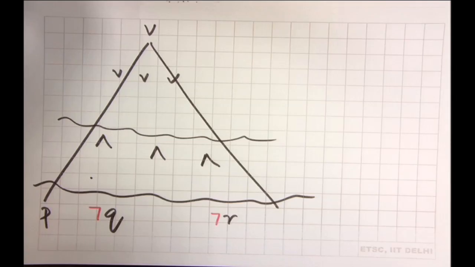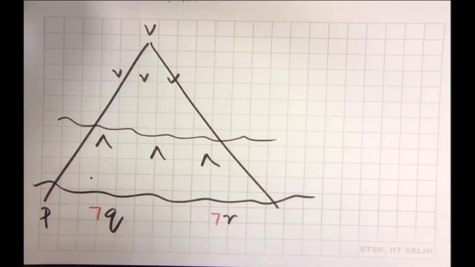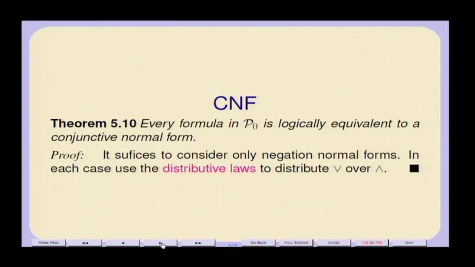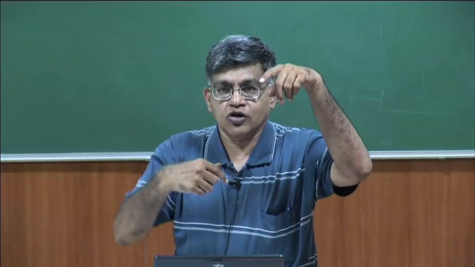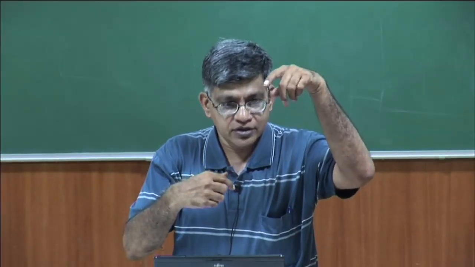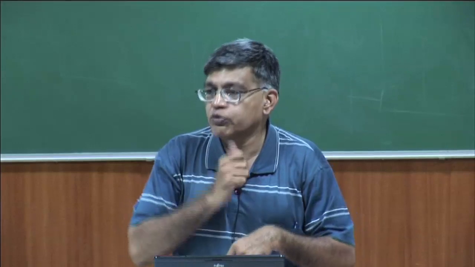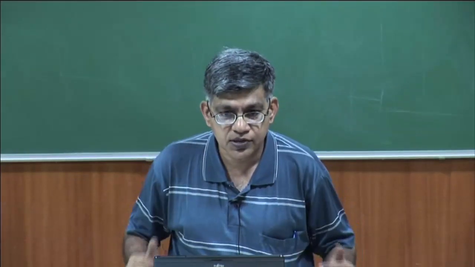Usually it will be much less. So, that is the price to be paid very often in obtaining a conjunctive normal form, because whenever an or occurs over an and, you will have to distribute it. So, you will be replicating some subtree in that abstract syntax tree.